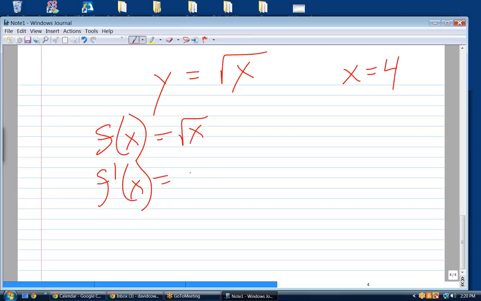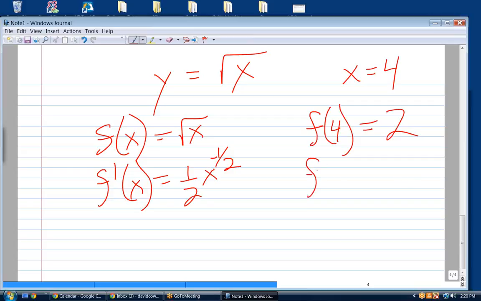What's f prime of x? 1/2 x to the -1/2. And then over here on the right, I'm going to write f of 4. That's 2. And then I'm going to write f prime of 4. Well, what's f prime of 4?